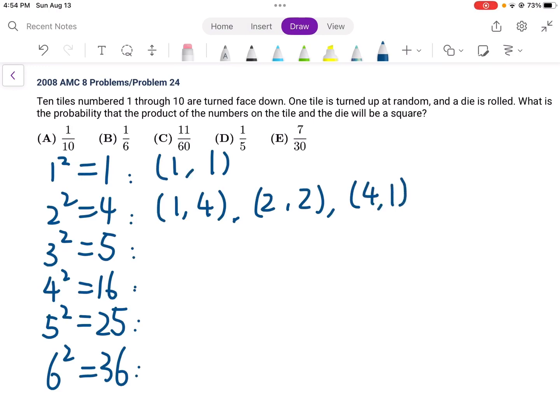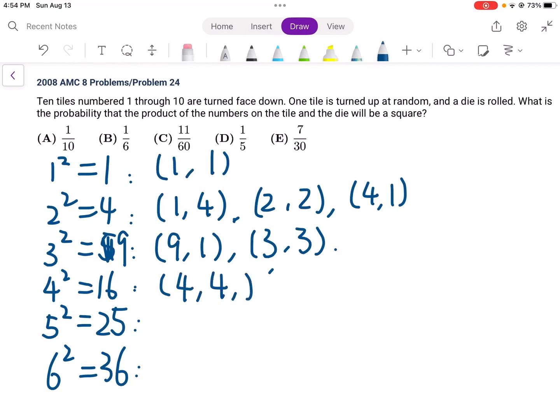Similarly, for 9, we can have 9 and 1, or 3 and 3, and these are the only two choices because the die can't go up to 9. For 16, we can have 4 and 4, or 8 and 2.